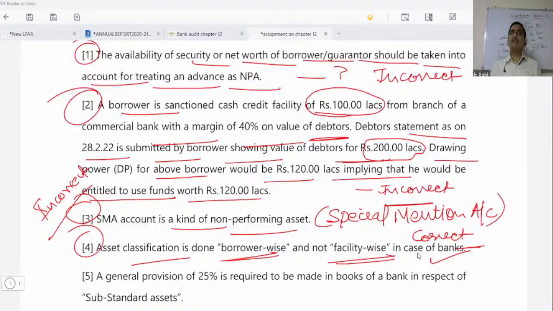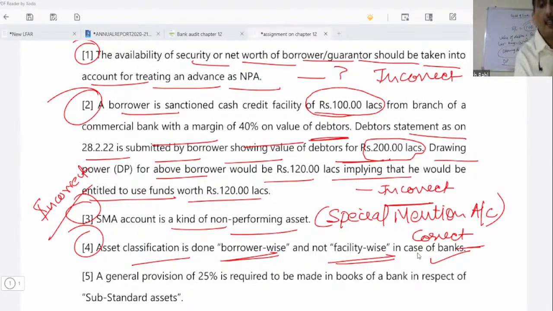So asset classification is done borrower wise, not facility wise. It is not that my car loan would be performing and housing loan would be NPA. It is not like that. If one loan goes bad, all my loans go bad. All my loans go non-performing for the purpose of asset classification.